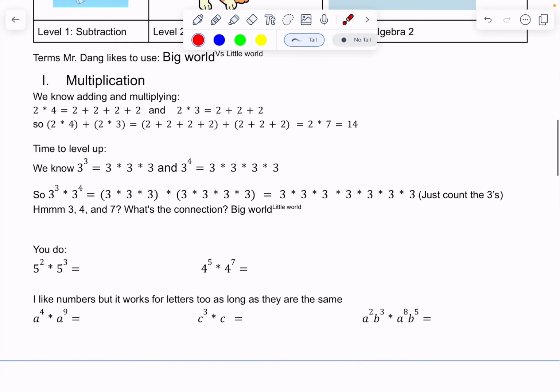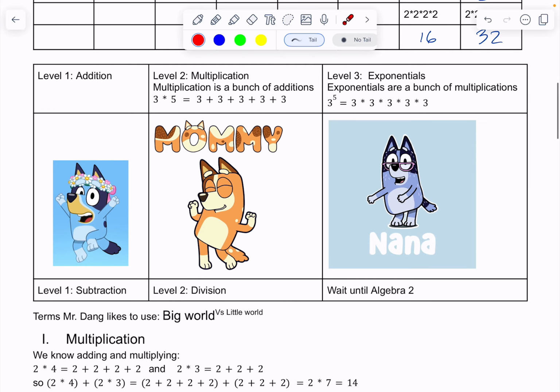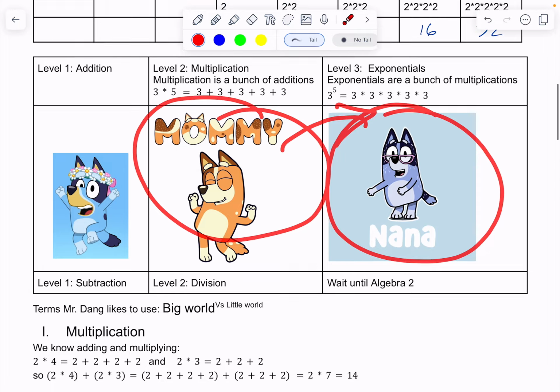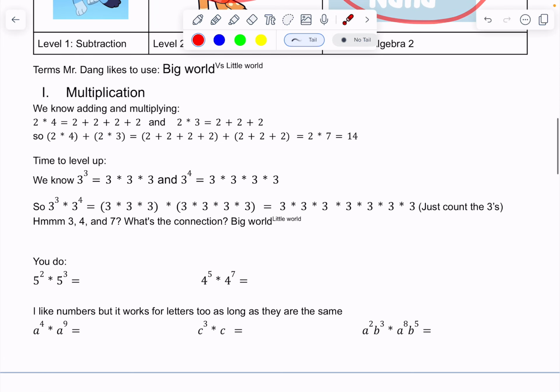Let's level up. So leveling up, we're doing exponents now. We were just talking multiplication. That's the mama level. We're talking grandma level now. 3 cubed, 3 to the 3rd power, is 3 times 3 times 3. 3 to the 4th power is 3 times 3 times 3 times 3.